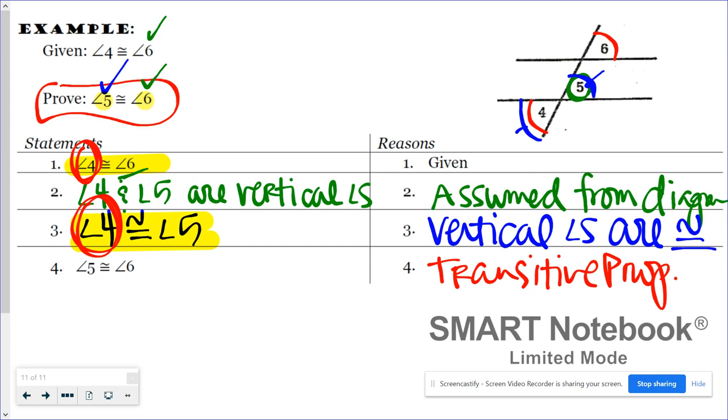So when you're like realizing, I need some more things here, look for those vertical angles, okay? Identify them, reason, assumed from the diagram, say they are congruent, reason, vertical angles are congruent, okay? When you're writing your proofs, take it one given at a time. If it's a congruence given, mark your diagram. If it's a vocabulary given, draw a conclusion, okay?